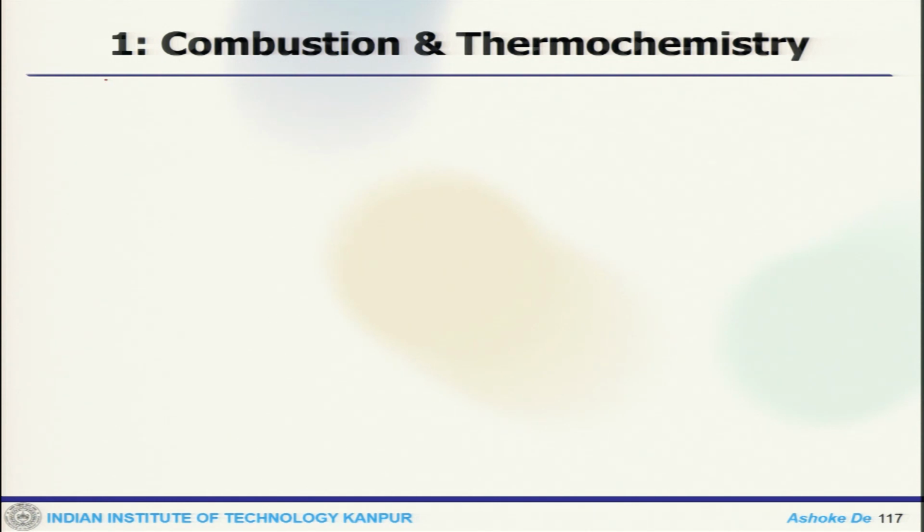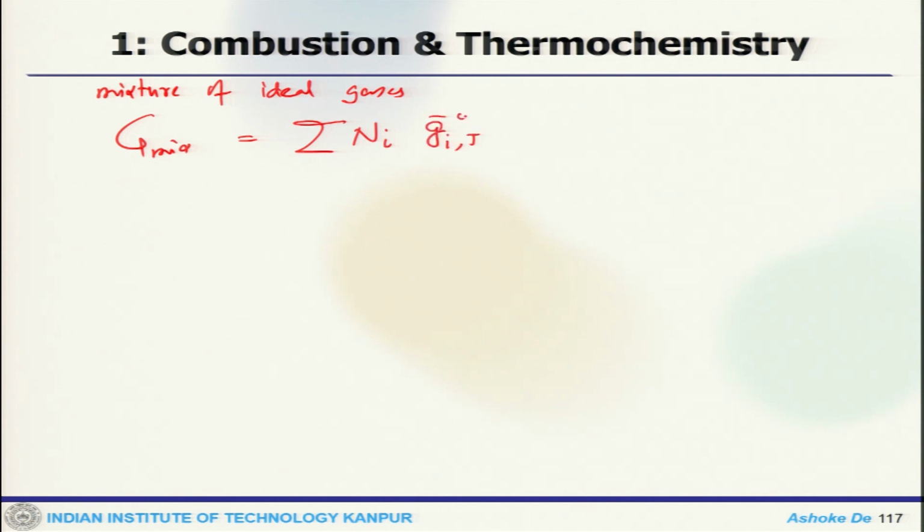Now, when you have a mixture of ideal gases, then G_mix would be the summation of N_i G_i, which is nothing but the summation of N_i times [G_i at a given temperature plus Ru T ln(P_i/P naught)].